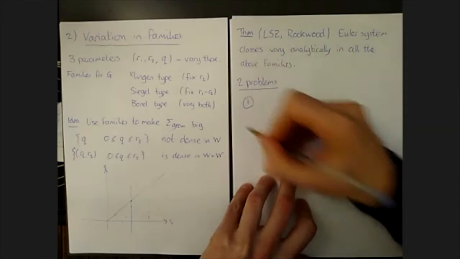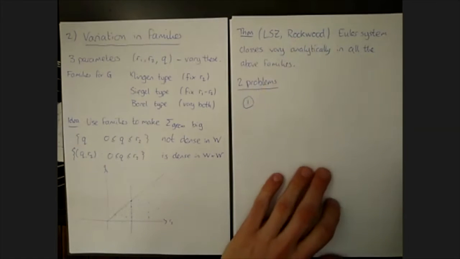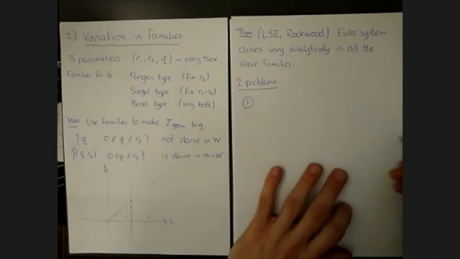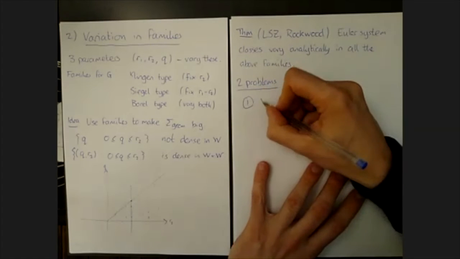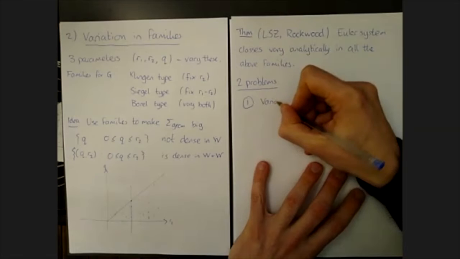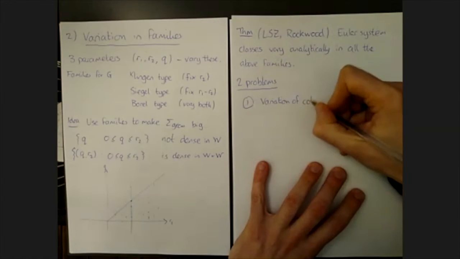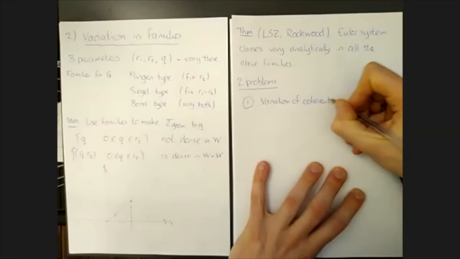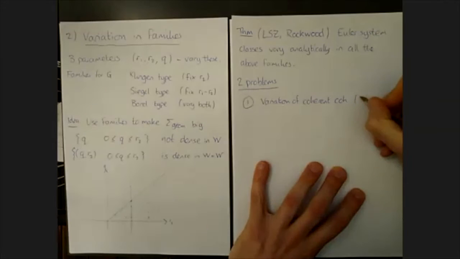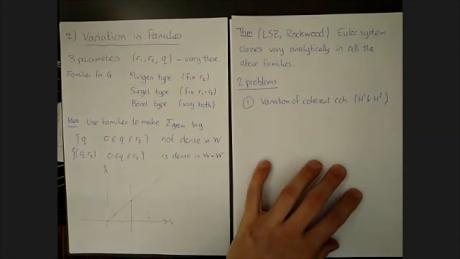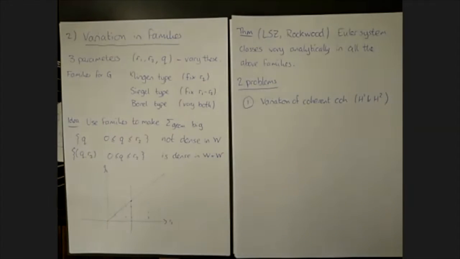So one is probably more or less solved now. If we want to construct the analytic p-adic function in a big family, we need understanding of variation of these things here.